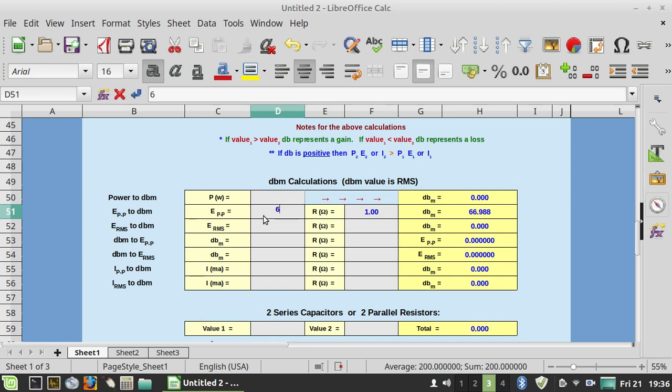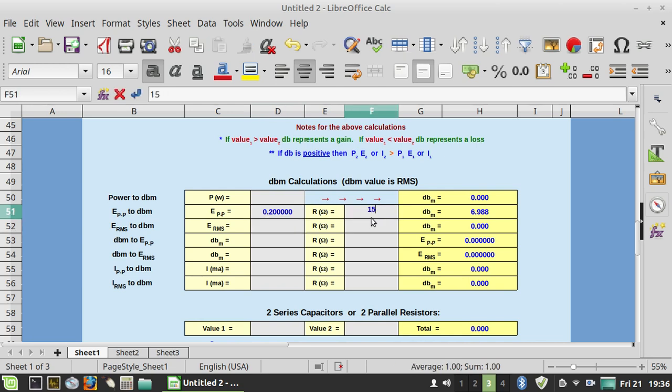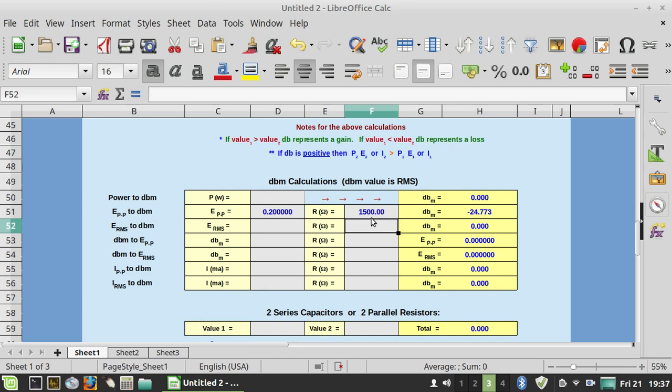Ohms? Wait, what did I do? Oh my god. I screwed up. Okay, 200 millivolts peak to peak, 1500 ohms on the input to that mixer chip.